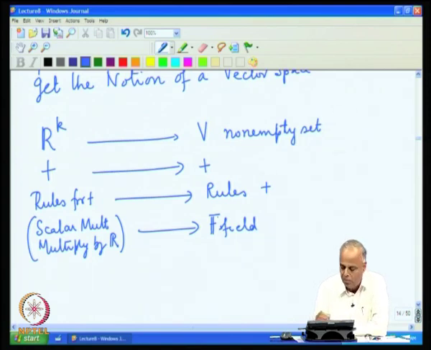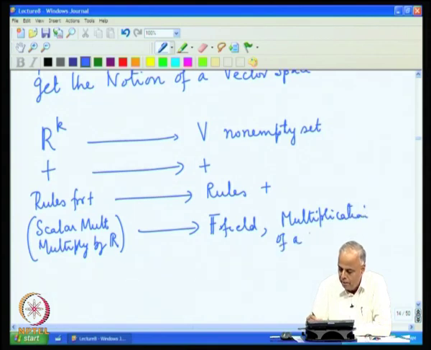This is the general form of the generalization. The notion of a field is akin to the real numbers with both addition and multiplication, and take all those properties that addition and multiplication have in R and put it in an abstract form, we get the notion of a field, and therefore, this has to be generalized as multiplication of a V element with an F element.